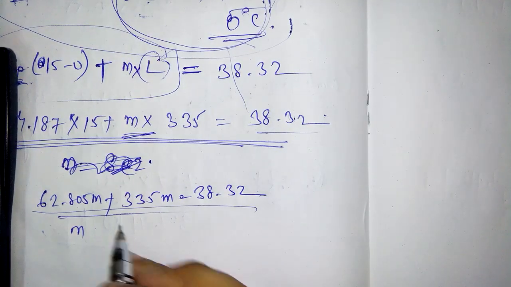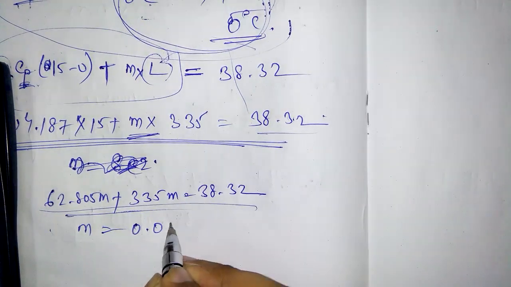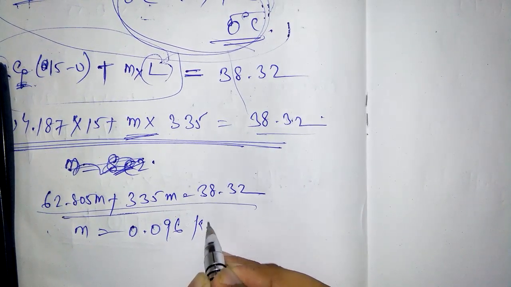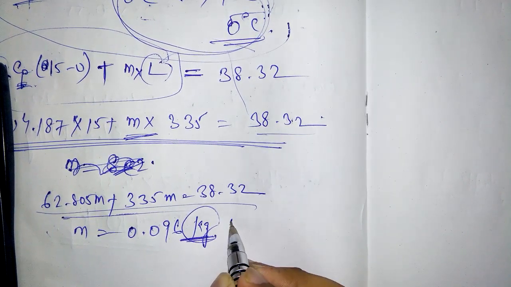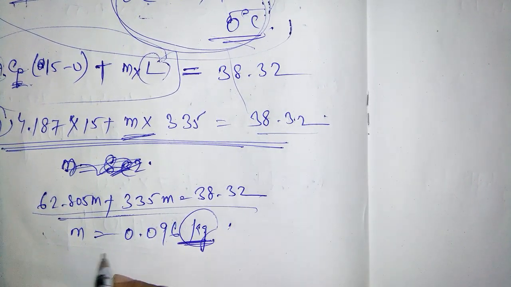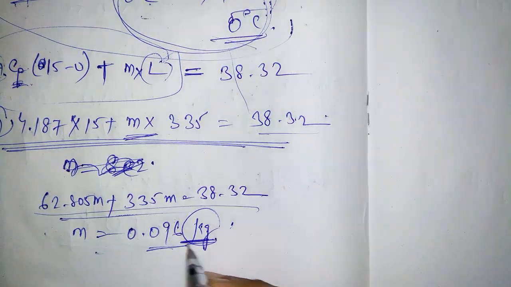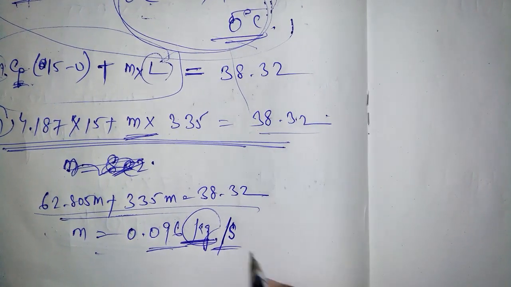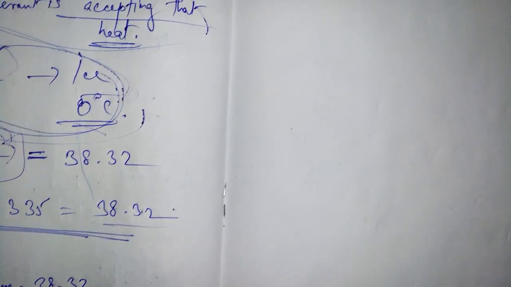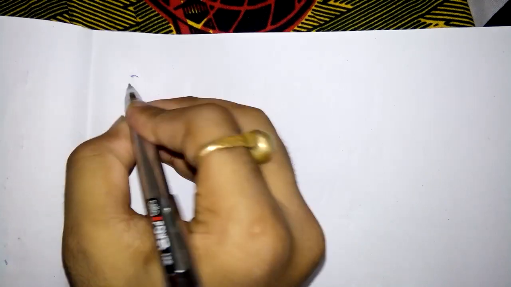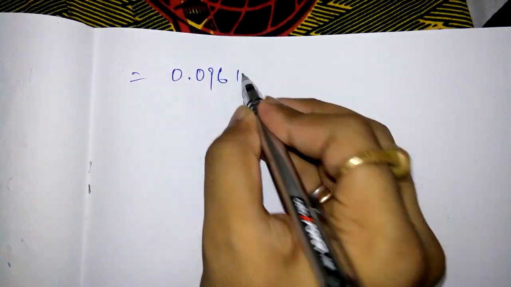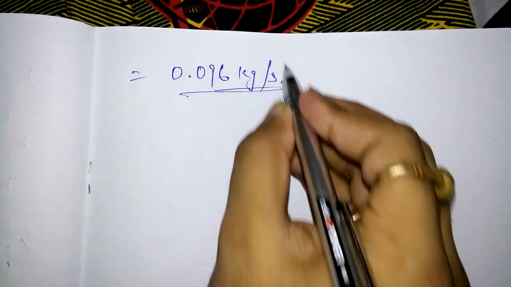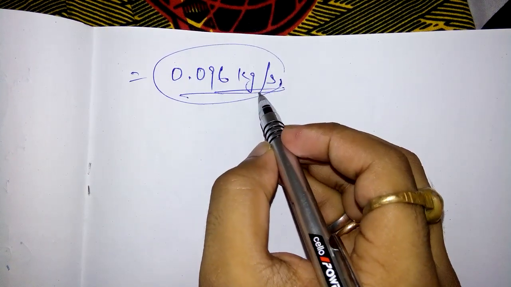So solving that equation, m you are getting 0.096 kg. This much kg of ice is forming in 1 second. But they have asked you how much ice is going to form in 1 day or 24 hours. So we need to take 0.096 kg per second, this much ice is forming in 1 second.